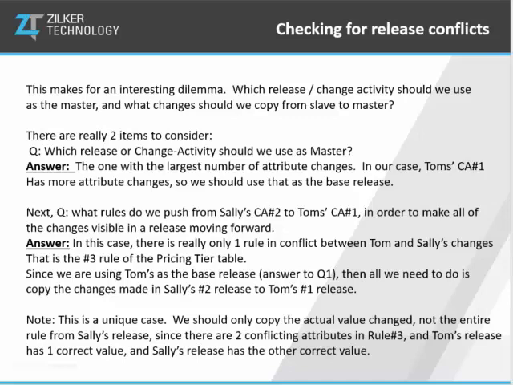This is one of those unique situations because Sally just changed the pricing tier attribute and her coverage liability attribute was still left the way it was defined originally. And Tom's actually made that change. And if we tell the merge tool to copy Sally's over to Tom's, then we're going to have a little bit of an overlap. That might be best seen in this next picture.